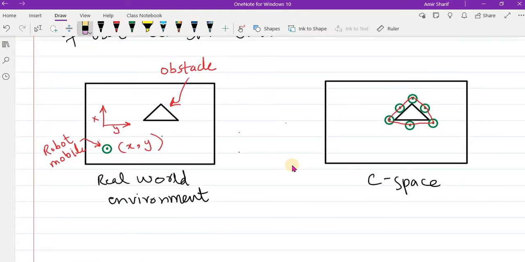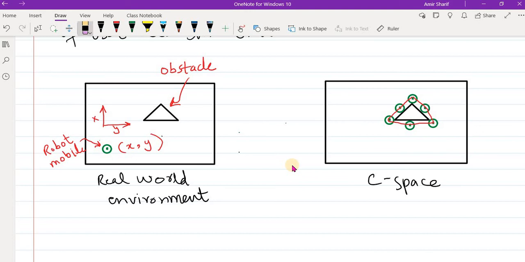So why are they different? Because it also depends upon the degrees of freedom of the robot, or you can say the size of the robot. If the robot size is bigger, then your obstacle also becomes bigger. So now your final obstacle will be the area within this red line. This will be your final obstacle.